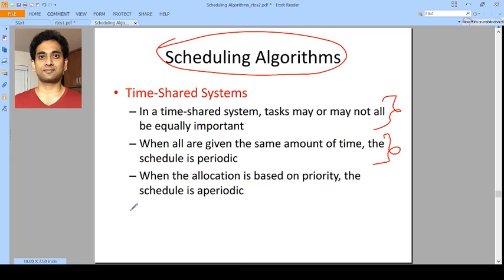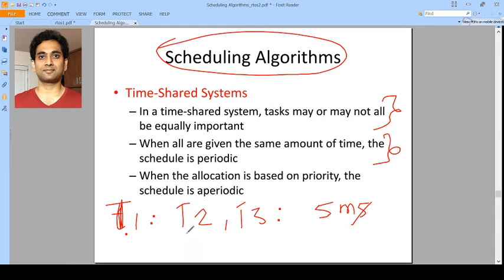So in other words, tasks T1, T2, and T3 all have 5 milliseconds of execution time.